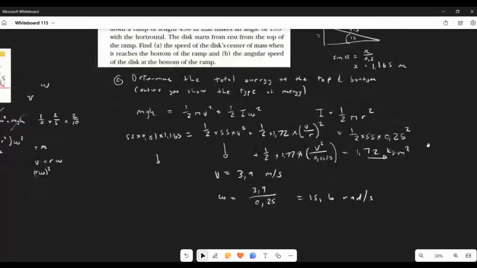Okay, so what I wanted you to do was compute the gravitational potential energy at the beginning. So this will be mgh, and this will be equal to 55 times 9.81 times 1.165.